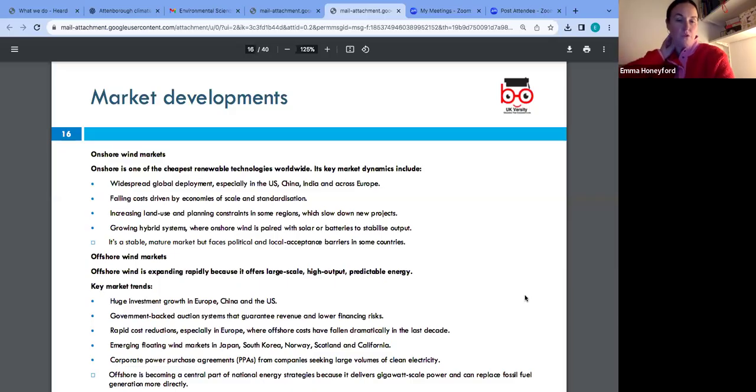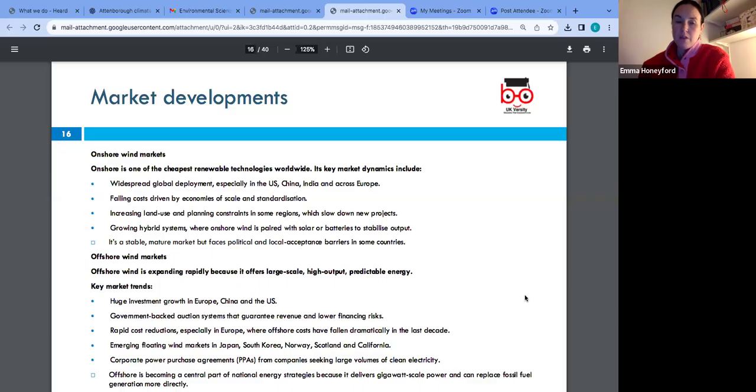So onshore, the market developments here have been, onshore is one of the cheapest renewable technologies worldwide. So key market dynamics have included falling costs driven by economies of scale and standardisation. So the economy and the technology has become bigger.